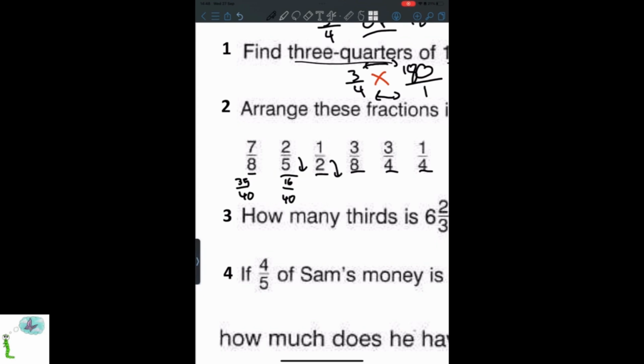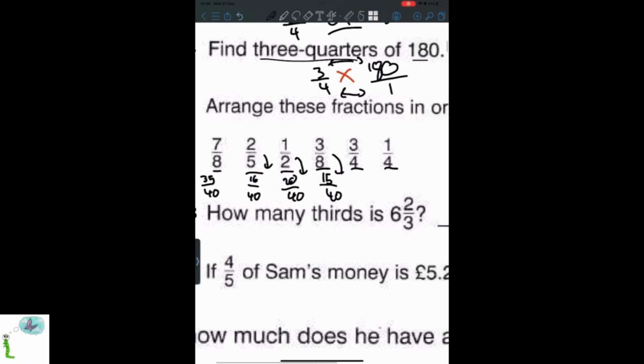This one, times the bottom by 20, times the top by 20, to get 40. This one, times by 5, 40. What do you times the top by? Same thing. 3 times 5, get 15.